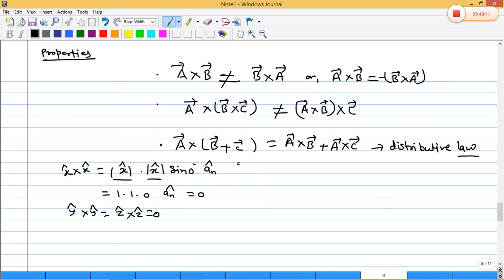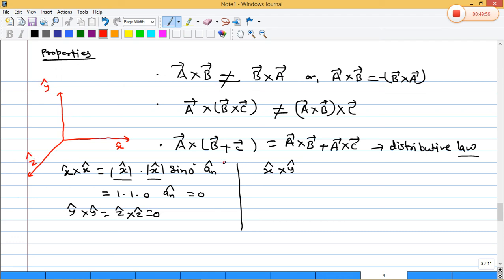But what happens when x cross y is there? Let's check. This one is x cap; we are considering only unit vectors, no problem.